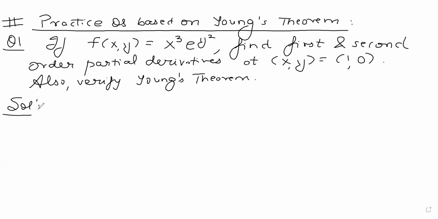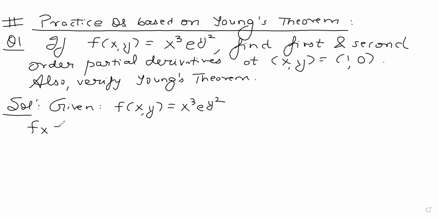So let's quickly solve this. We are given the function f of x, y is x cube e to the power y square. Let's quickly find out all the derivatives. Students, I'm using short forms because they are much easier to work with, so I prefer to use fx, fy and so on.